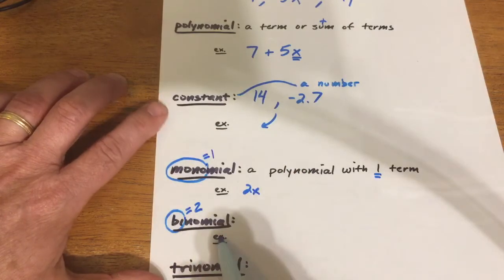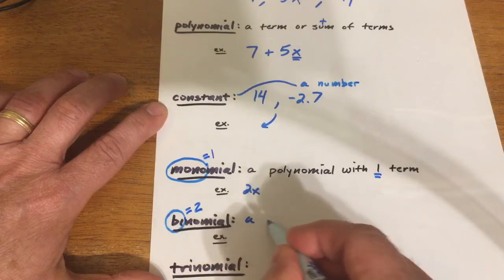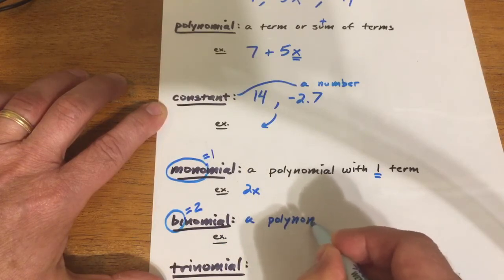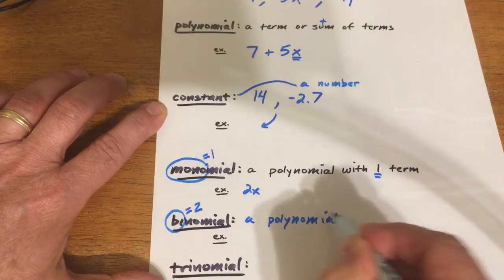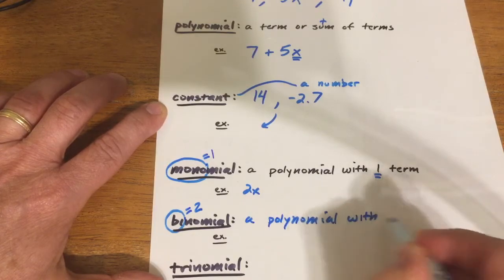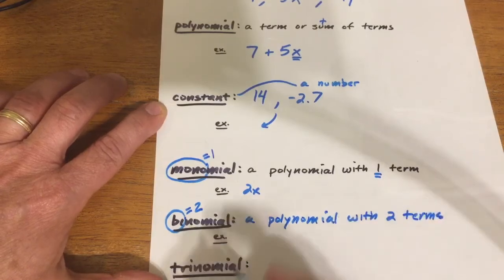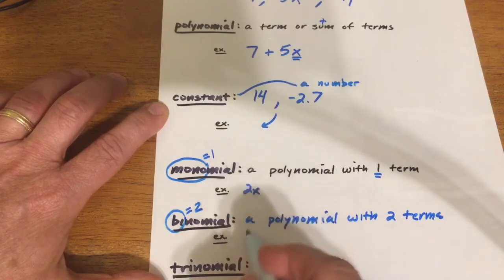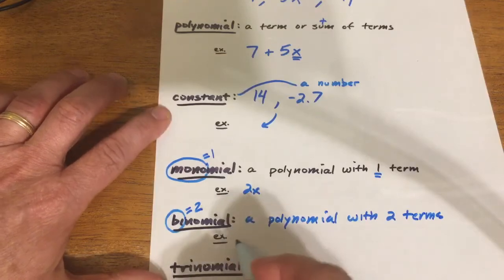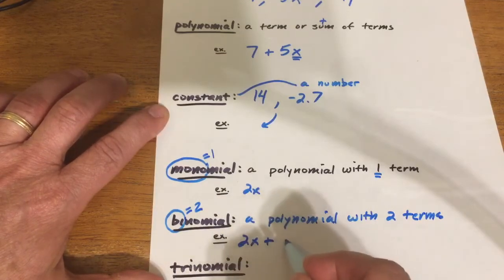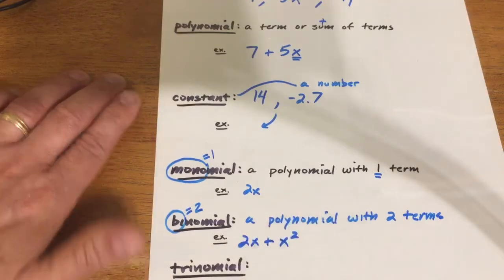And so a binomial would be a polynomial with 2 terms. So here's an example. We'll take our 2x, our single term, and we'll write 2x plus, and let's put in another term here, x squared.